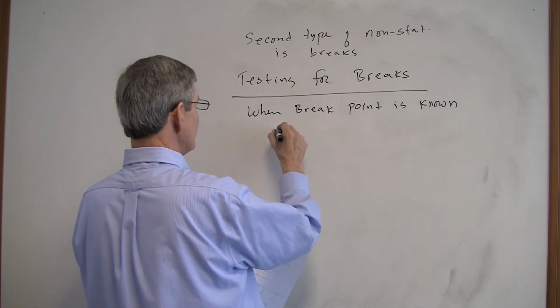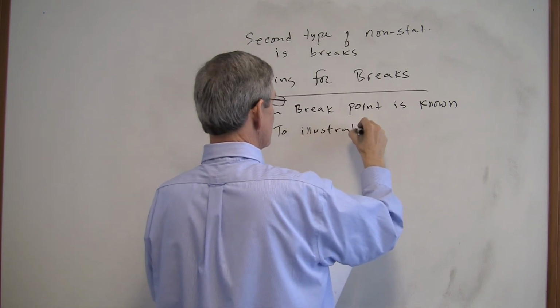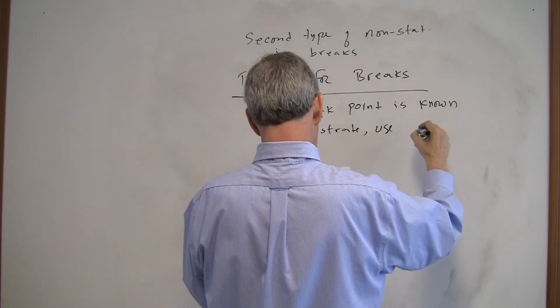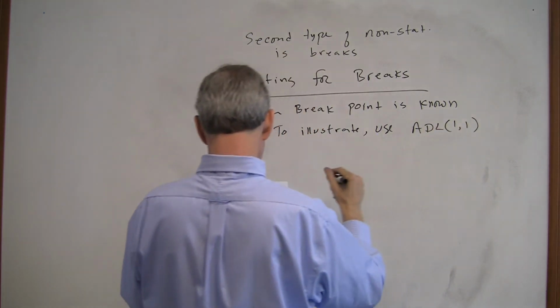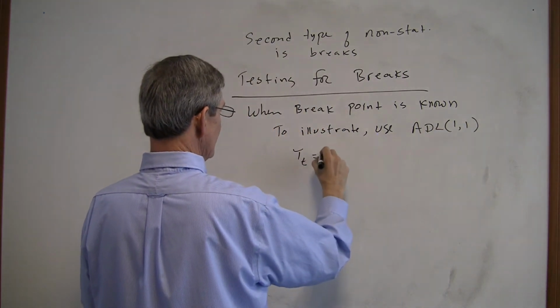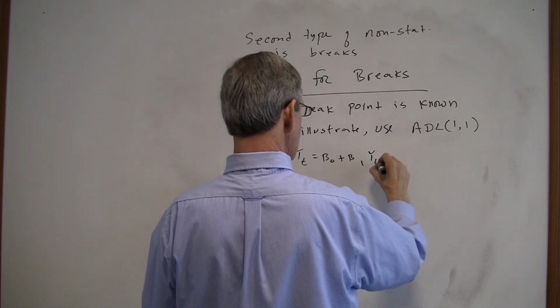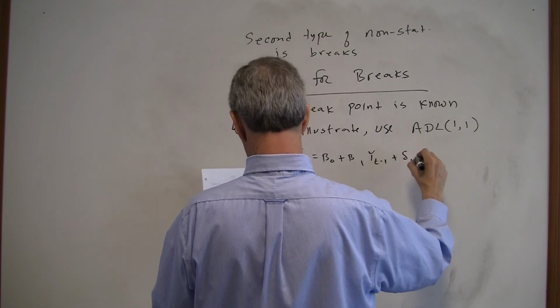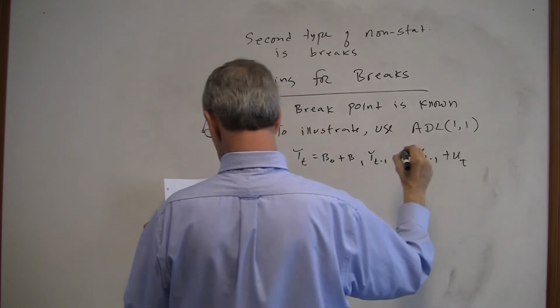To illustrate, let's use an autoregressive distributed lag 1,1. That is yt is beta 0 plus beta 1 yt minus 1 plus delta 1 xt minus 1 plus ut.